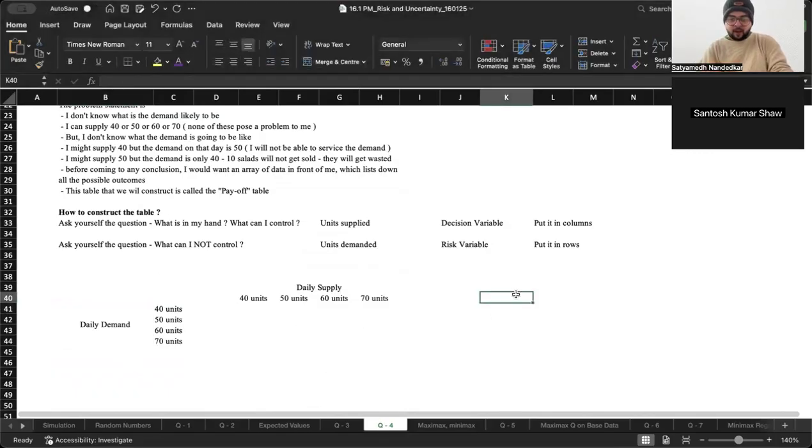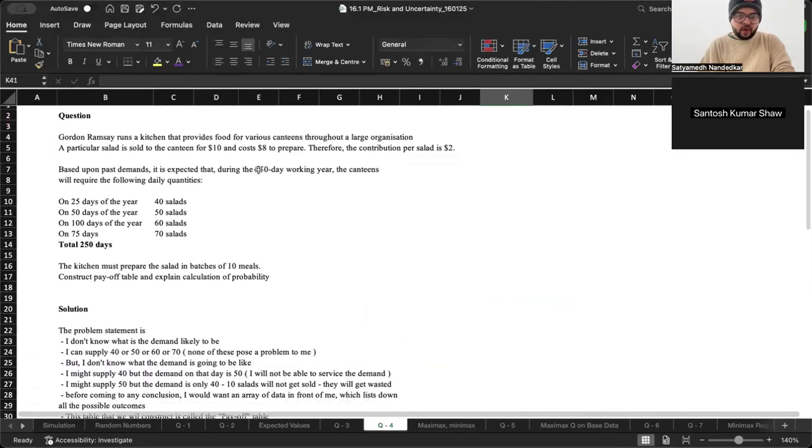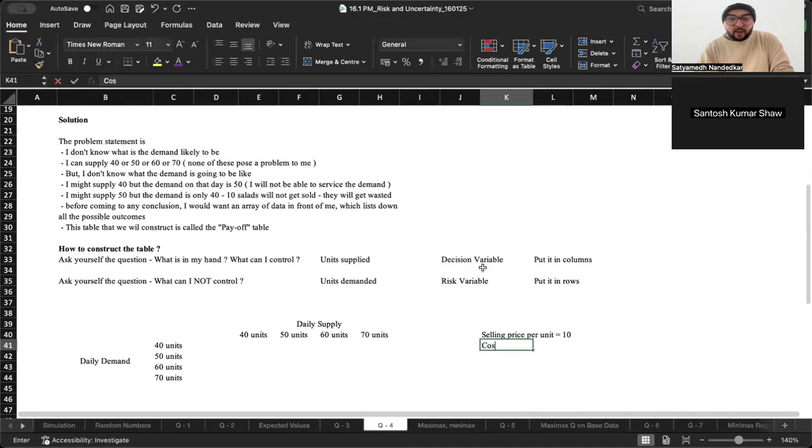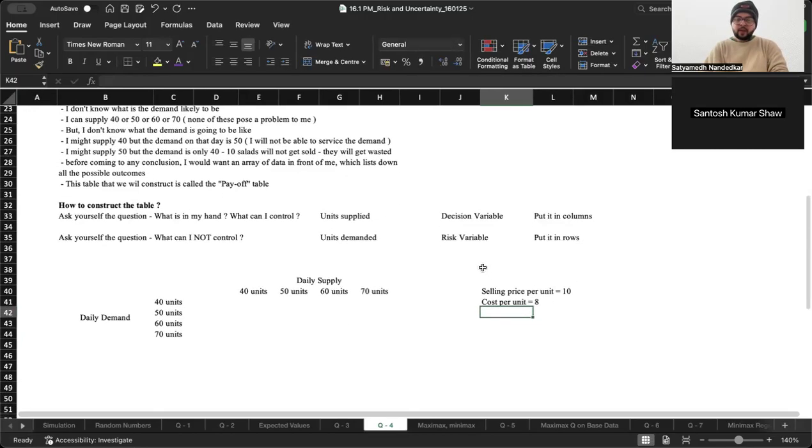ठीक है. अब what is the selling price per unit? Selling price per unit is 10. What is the cost per unit? 8. Cost per unit is 8. Now, let's look at different scenarios. Okay, scenario 1. Let's color code it.